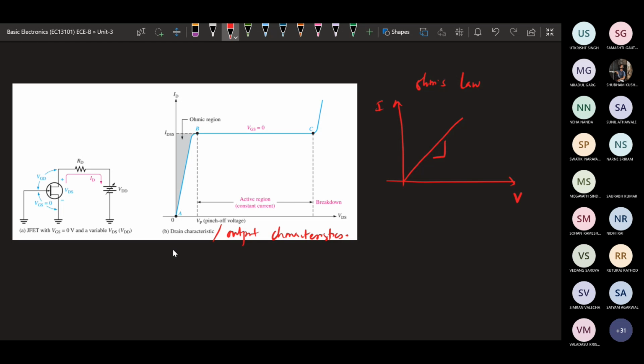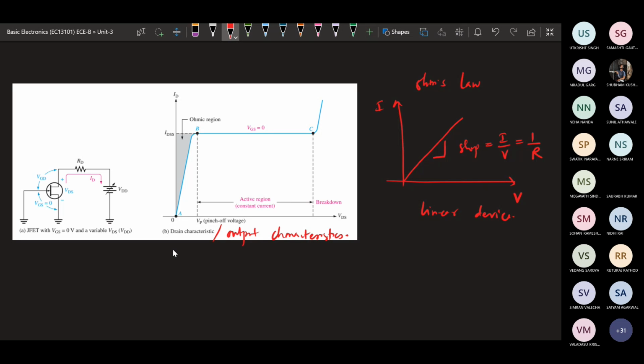This slope gives I by V, that is 1 by R, the 1 by resistance. So this is the relation in case of a linear device.